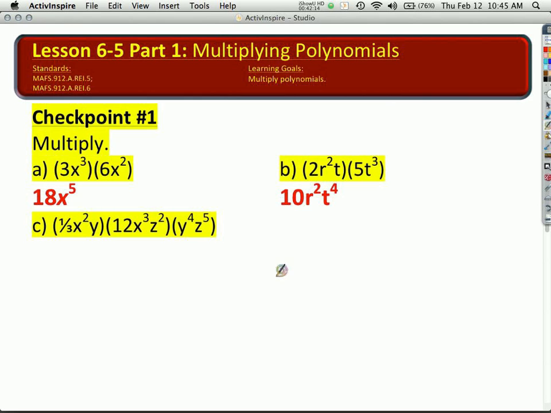Okay, student number 2. 4 times e to the 7th times x to the 5th times y. So it's basically the same thing, just in a different order. And I've already talked to you a number of times about how when it's all multiplication, you can switch around the order. One thing you want to make sure of, number always comes first. That's called the coefficient. Anyone have any concerns about anything we've done here?